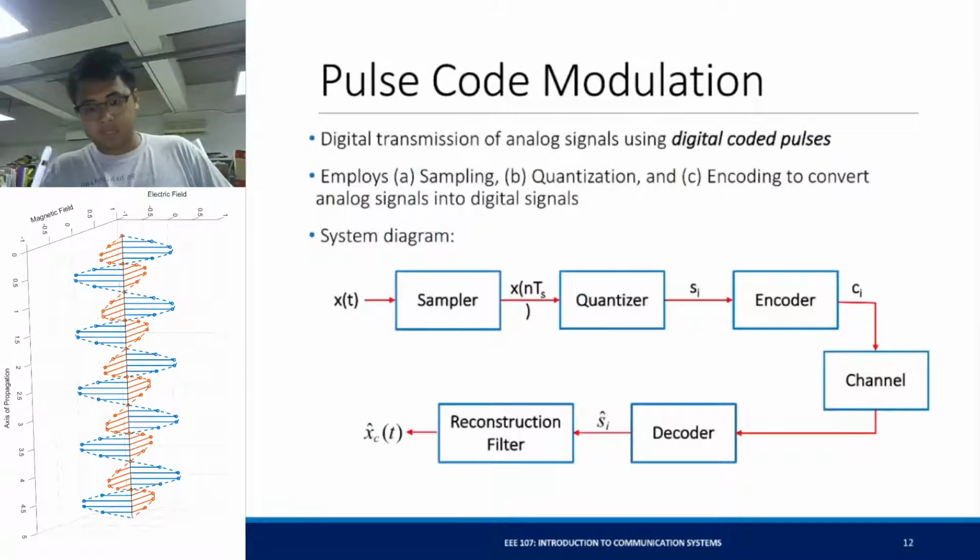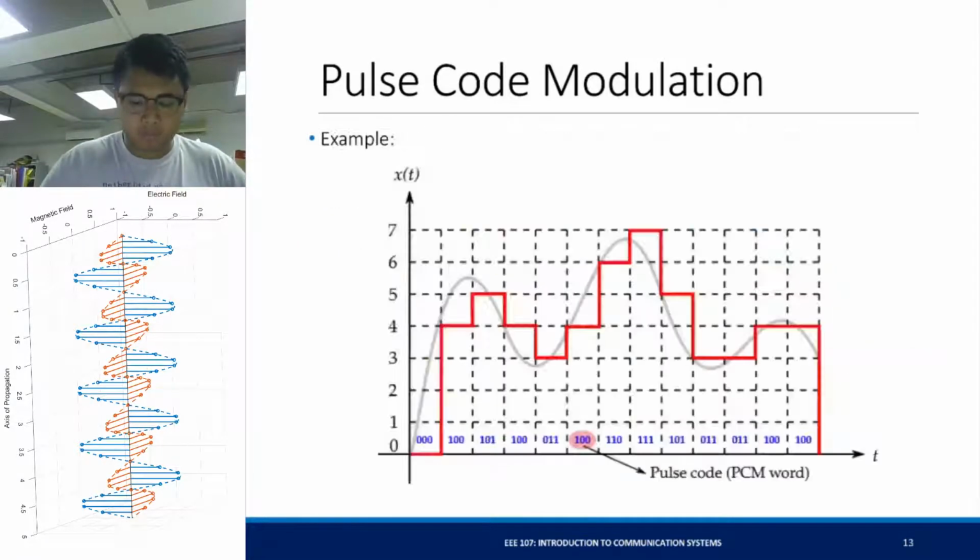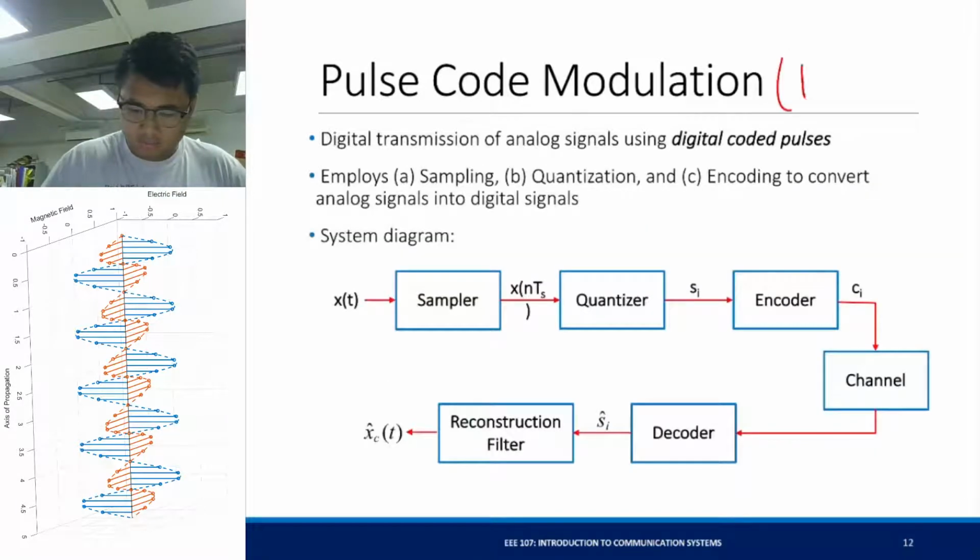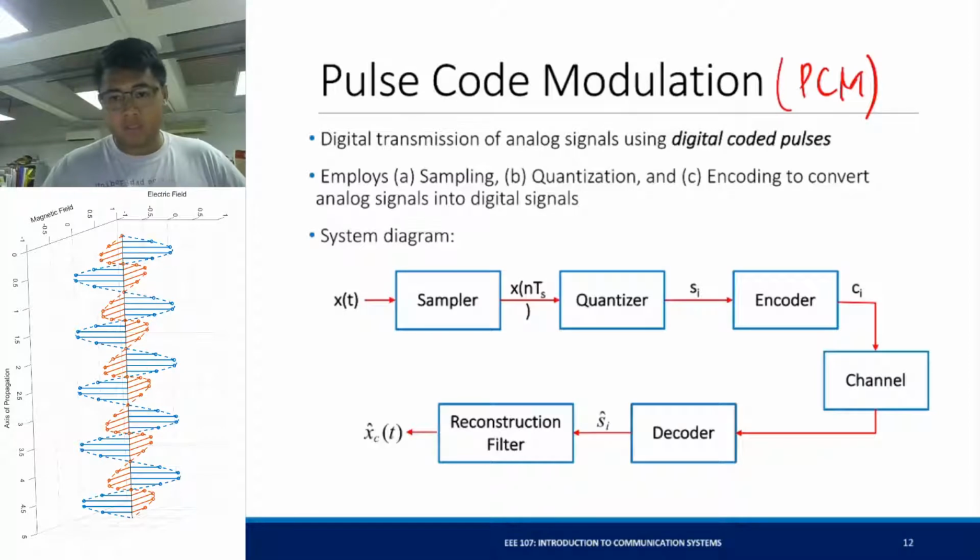Right? Now, we move on to representing these digital signals. These digital signals can be represented using PCM, or pulse code modulation. So pulse code modulation completes the analog to digital conversion. Okay?